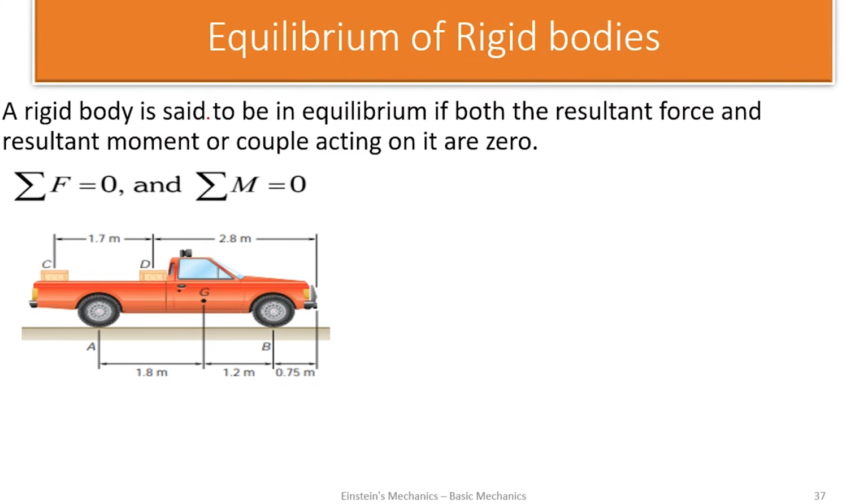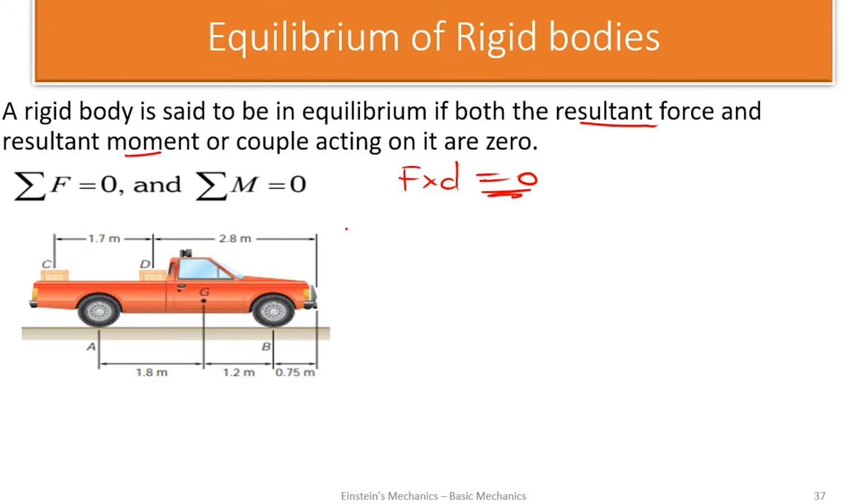Equilibrium of rigid bodies. A rigid body is said to be in equilibrium if both the resultant force and the resultant moment acting on the body are zero. So here, for a rigid body, we included the moment. What is moment? The force times the perpendicular distance. If it is zero, then the body is also in equilibrium.